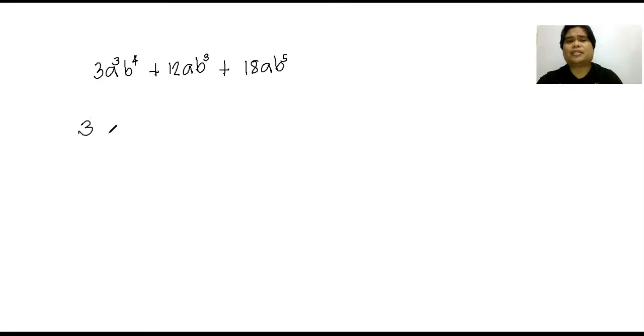How about with the variables? You have here a cubed, and on the second term a, and on the third term, you have another a. So as I've said before, the greatest common factor for a variable is you just have to choose the one with the least exponent. And the variable with the least exponent here is actually a. How about with b?